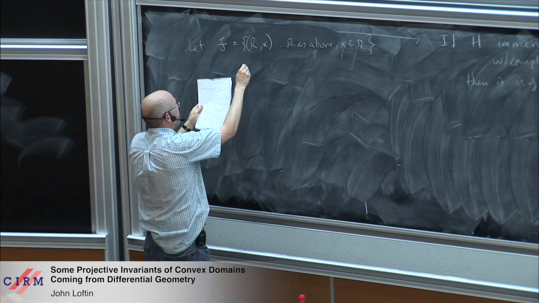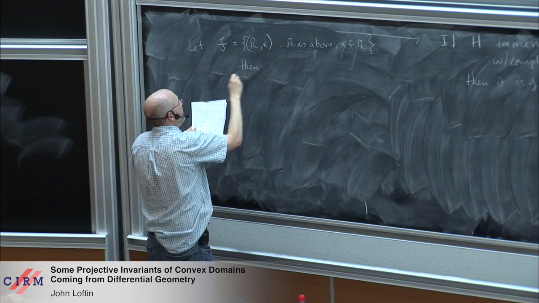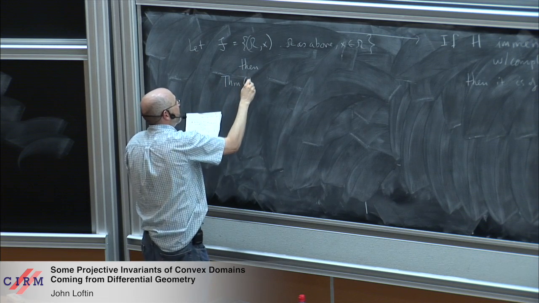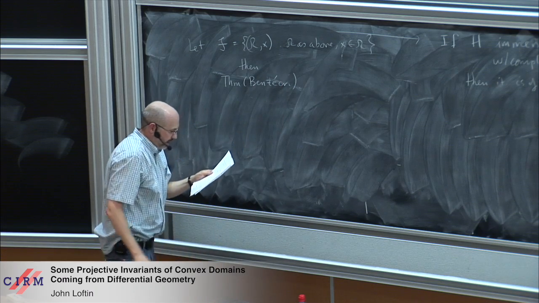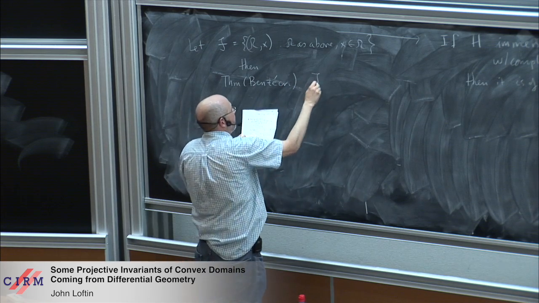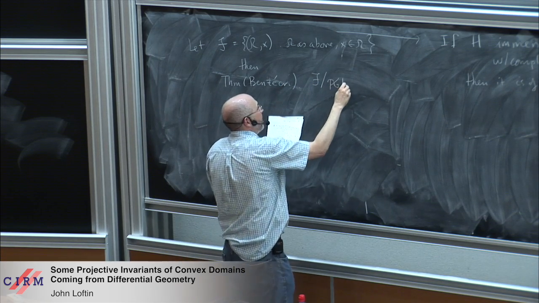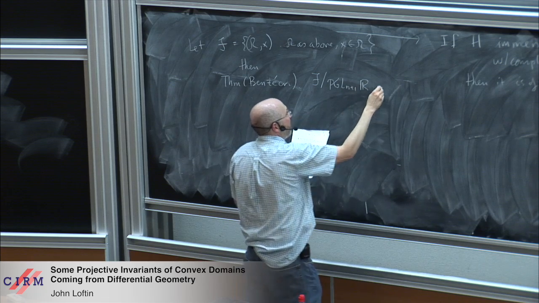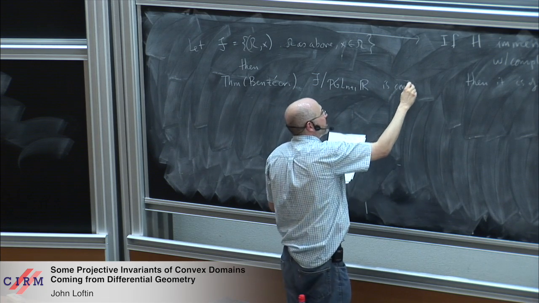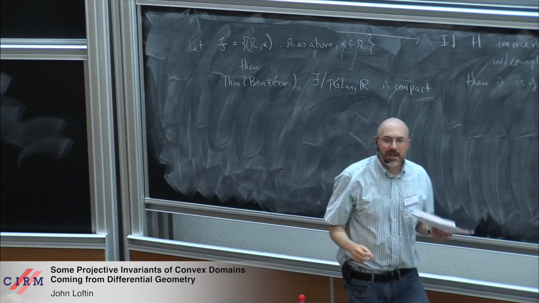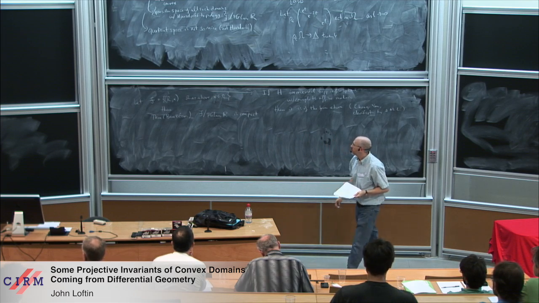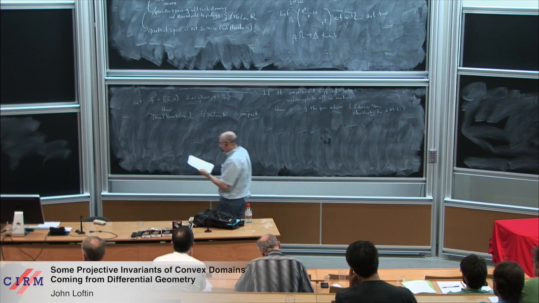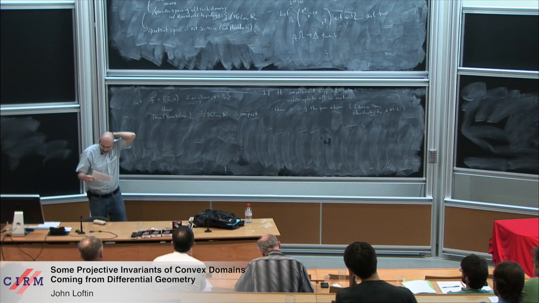Then there's a theorem of Benzecri that says that F divided by this PGL(n,R) action is actually compact. And I mean compact in the French way, so that compact includes Hausdorff. So in particular, you can take these sorts of limits.